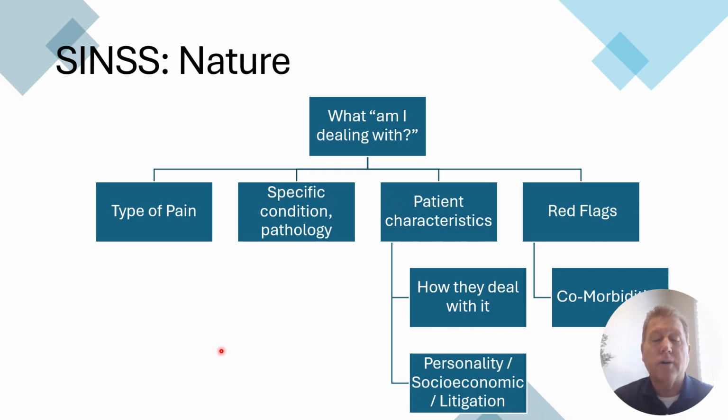So if we look closer at the nature of pain, it really helps us to ask the question, what am I dealing with? What type of pain? What specific condition and pathology?